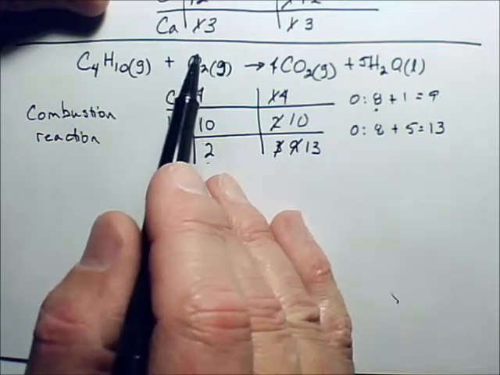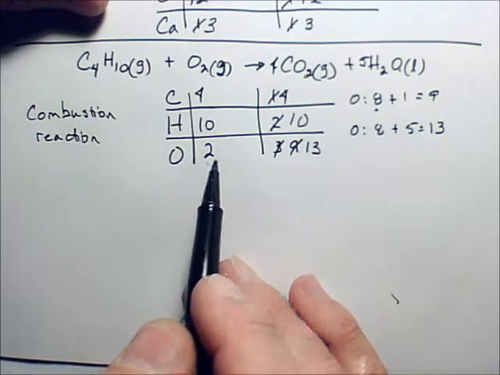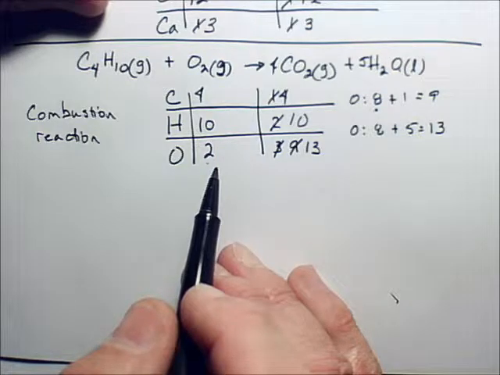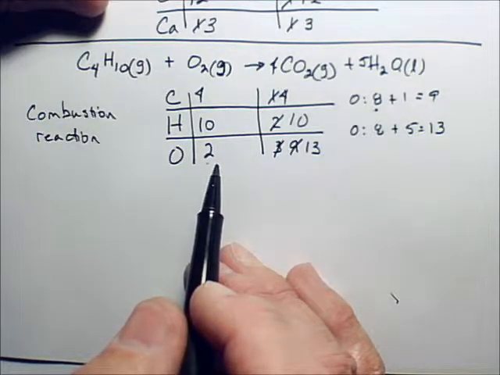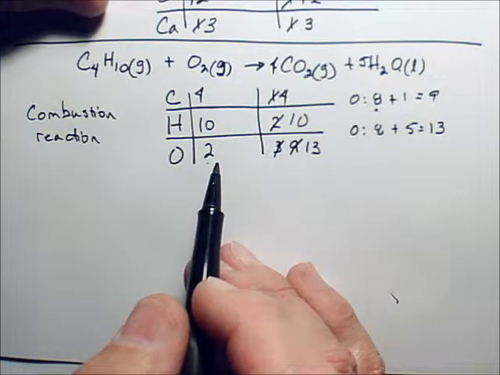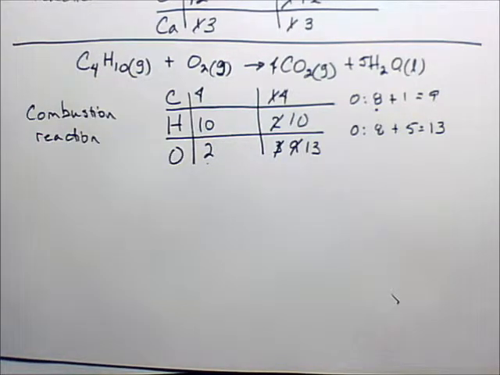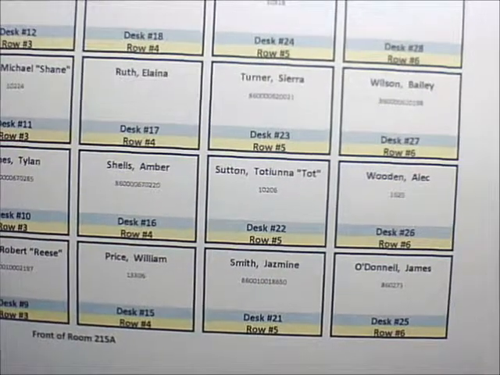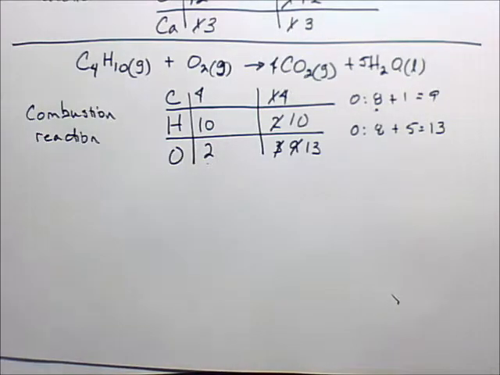This is the only thing that's just oxygen. Okay, if you have a situation where you've got an odd number of oxygens on one side and an even number of oxygens on the other, you want to go through and multiply all the coefficients by 2, all the coefficients by 2 except the coefficient in front of the oxygen itself.